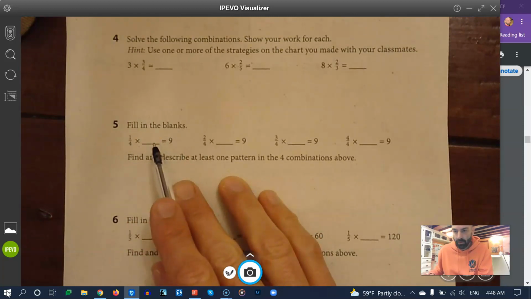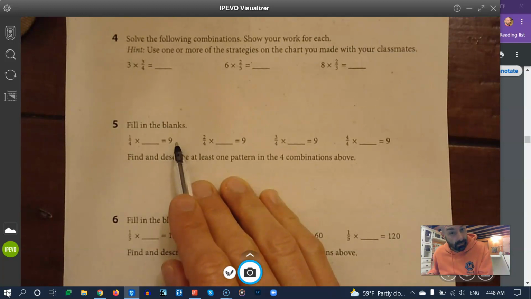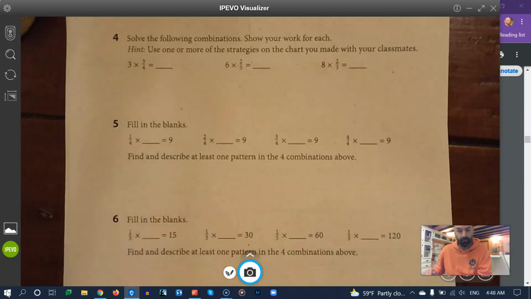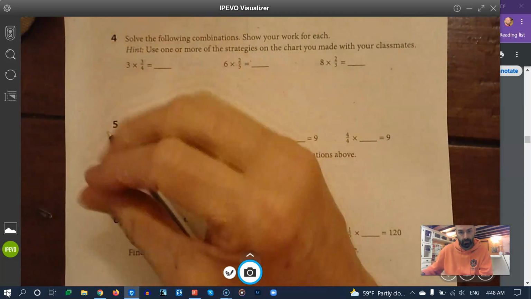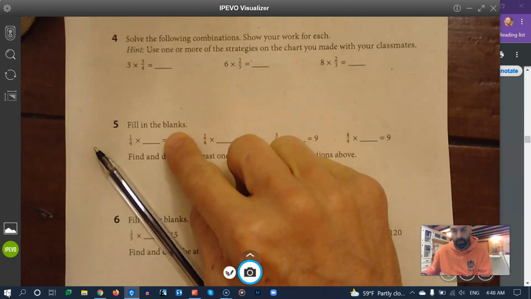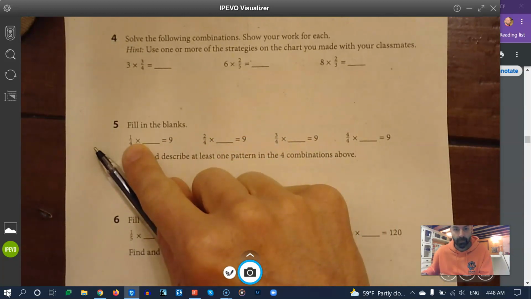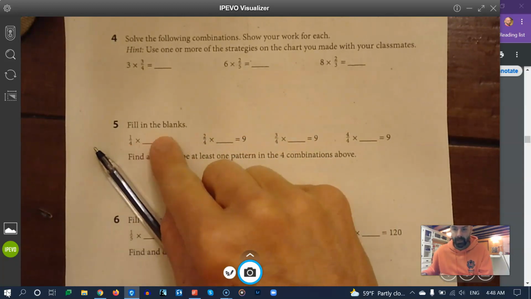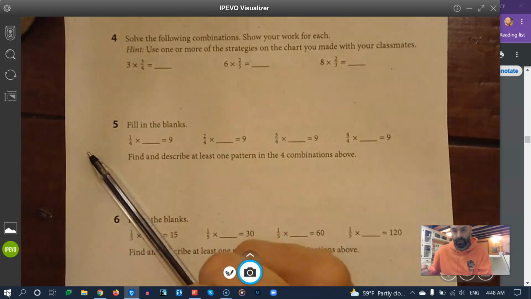Is this number going to be greater than or less than 9? Good. This is going to be greater than. So this number here is going to be bigger than the 9, because we're multiplying by a number less than 1. So there's some number out there that if we look at 1/4 of it, we're going to get 9.